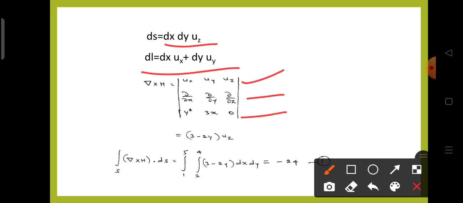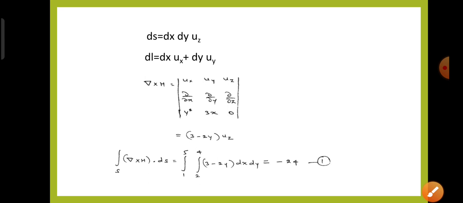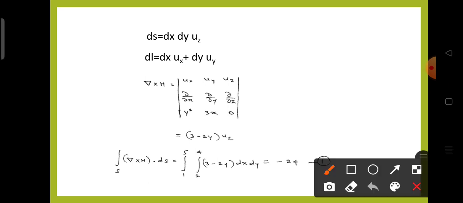Here we will get only the a_z component, which is 3 minus 2y, that is del cross H. Once we know del cross H, we can say del cross H dot ds, with ds equal to dx dy. The answer for this will be minus 24.